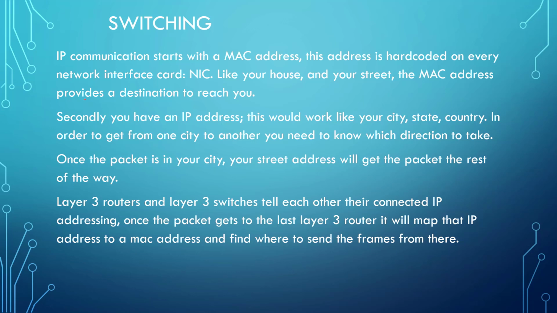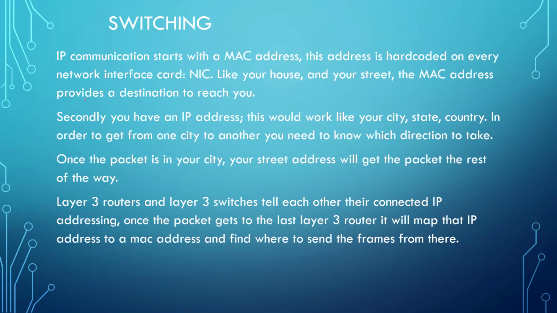Once the packet leaves one city, it makes it to another, and you need to figure out, okay, well, the street address will get the packet the rest of the way, the same way the MAC address will. When we look at the ARP tables and the MAC address tables, you'll understand a little bit more about the difference between IPs and MACs at layer 2.